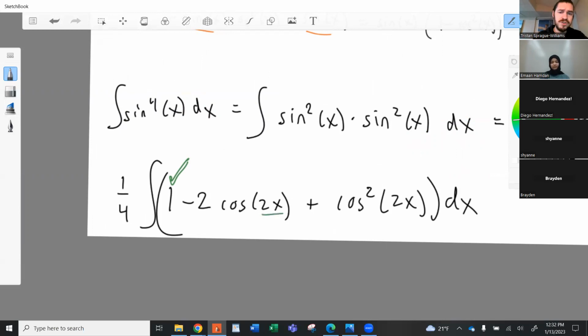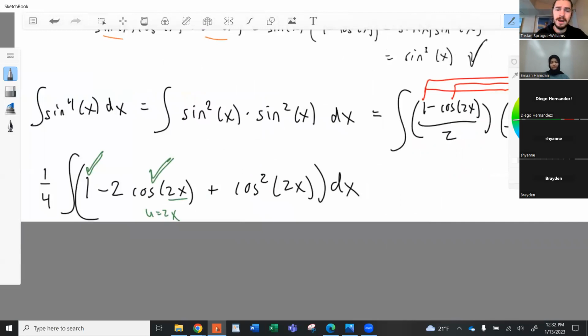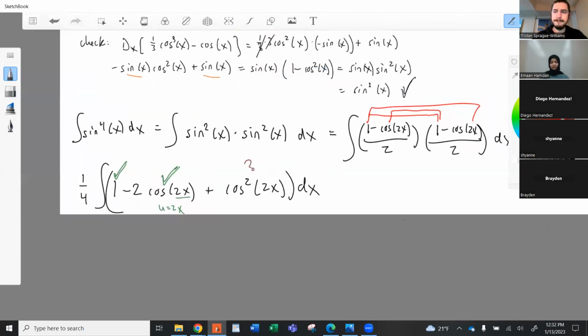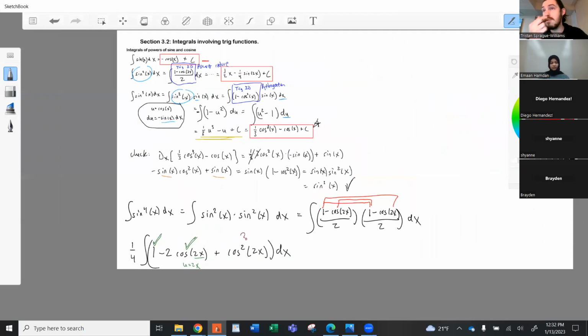Integrating cosine of 2x, you can use a quick u substitution with u equals 2x, so that should be pretty easy. But how do we integrate cosine squared? That's not quite ready to integrate yet. Let's put a question mark next to that one. Thoughts on that? How do you think we would do cosine squared?